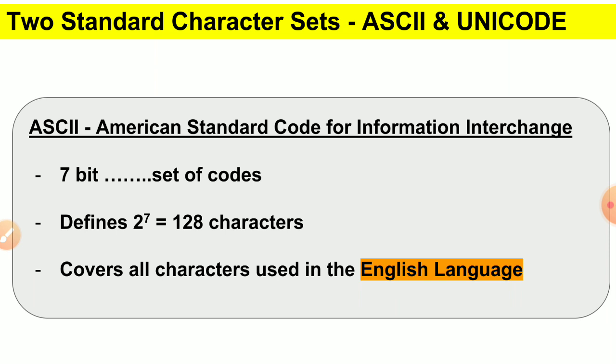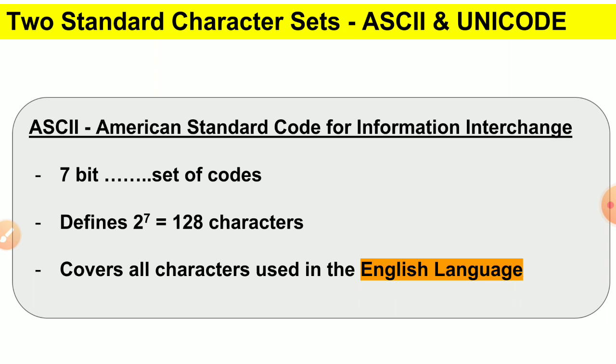Before I explain ASCII and Unicode, you should understand that any character that you type in a computer, in any software, will eventually be converted into a number, because computers can understand only numbers, isn't it? So any character that you type in a computer will be stored as a number. But which number? The question is which number.